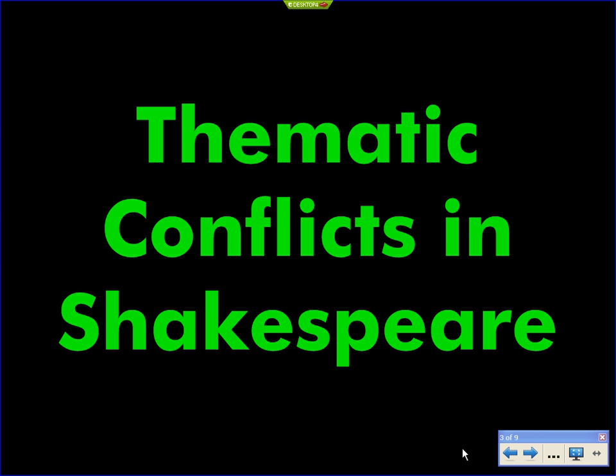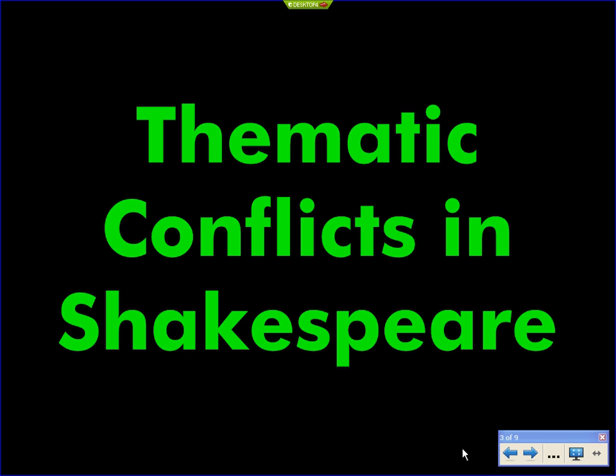So what we're going to talk about today is not the standard literary conflicts, but thematic conflicts in Shakespeare. This is where it becomes a bit more interesting. And with thematic conflicts and certain other types of criticism that we'll learn during this unit, ideas become a little bit more applicable to other pieces of literature, to your own lives, to philosophy, and so on. So here we are with thematic conflicts.